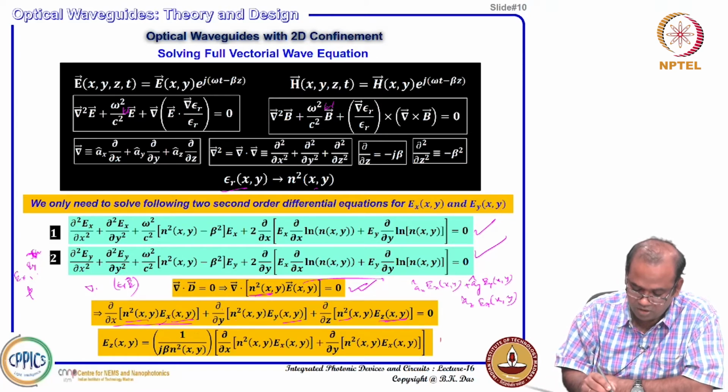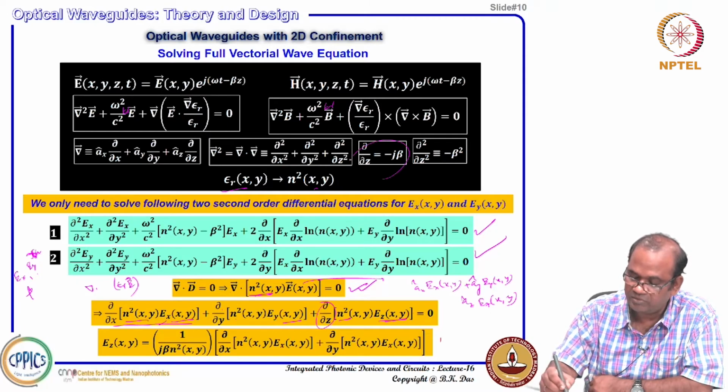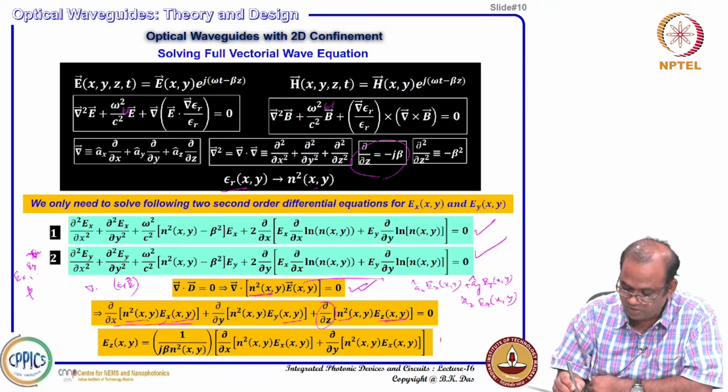Okay. So, what we know from here is that if you take del del z, we know what the value is: minus j beta. Because everywhere, in all the components, you have the term omega t minus beta z involved, so del del z means minus j beta. Okay.